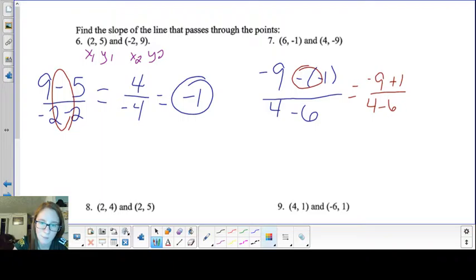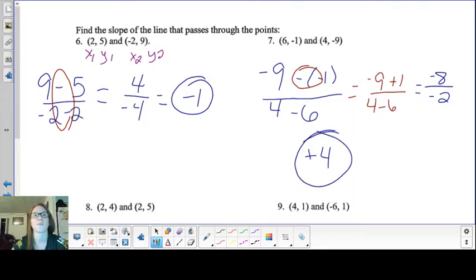So I hinted a little sooner than I realized. Negative 9 plus 1 is negative 8. 4 minus 6 is negative 2. Negative 8 divided by negative 2 is positive 4. Negative divided by negative is positive.